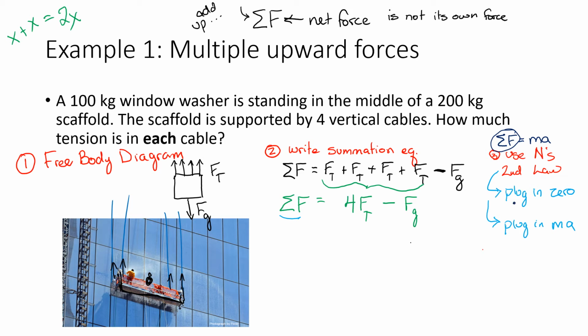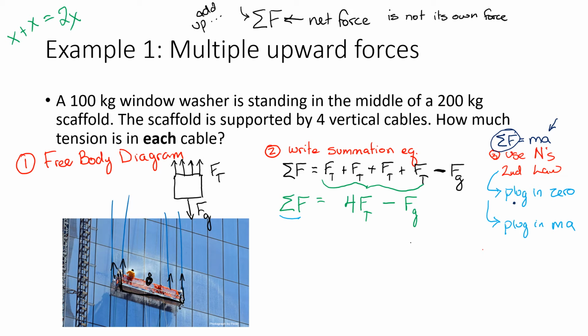When do we plug in 0? And when would we plug in mass times acceleration? We plug in 0 for the net force when the acceleration is 0. 0 times any mass equals 0 net force. And there's two situations when we have 0 acceleration.